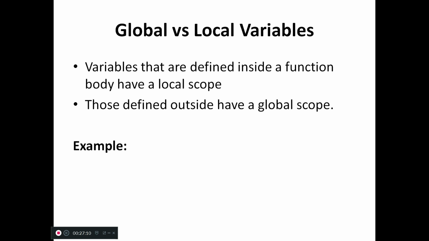This means that local variables can be accessed only inside the function in which they are declared, whereas global variables can be accessed throughout the program body by all functions. When you call a function, the variables declared inside it are brought into scope.